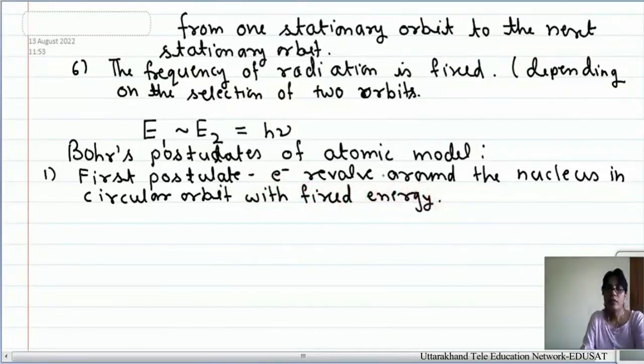And whenever any particle revolves in a circular orbit, a centripetal force is needed.